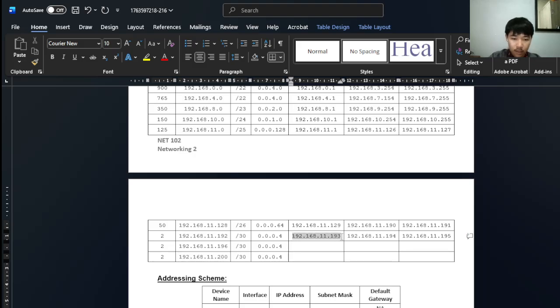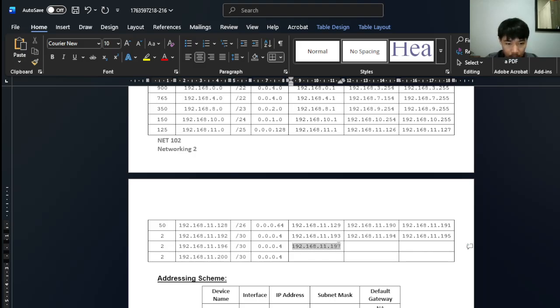let's copy, so it will be easy for us to do this table.